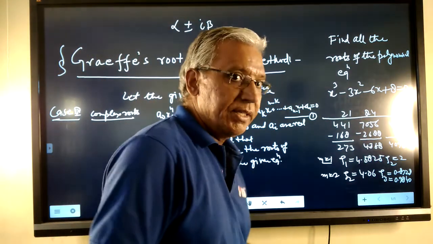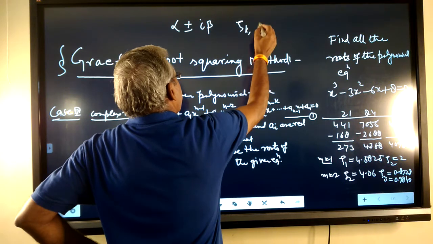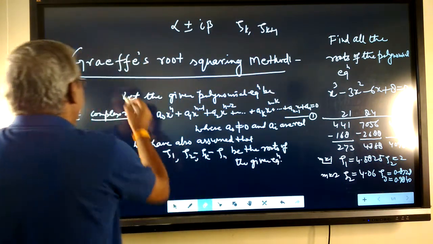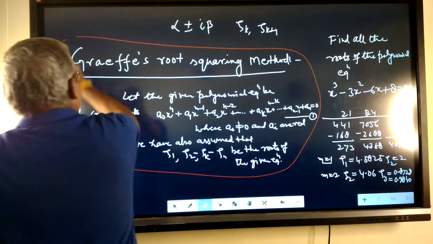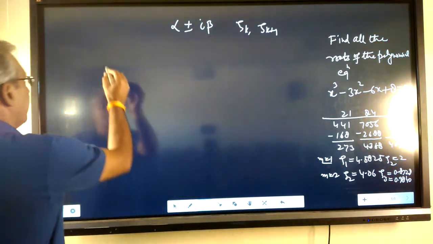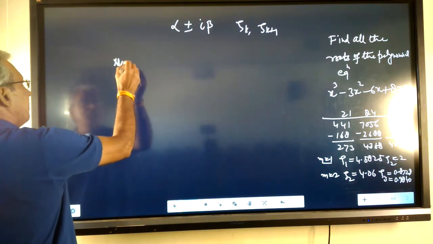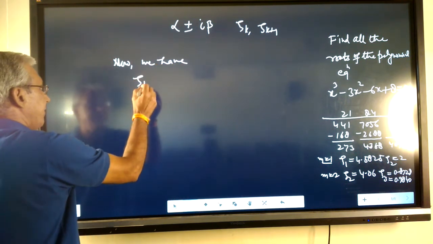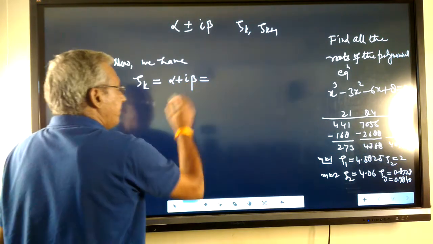Then we can calculate xi k and xi k plus 1. Now xi k equals alpha plus iota beta.